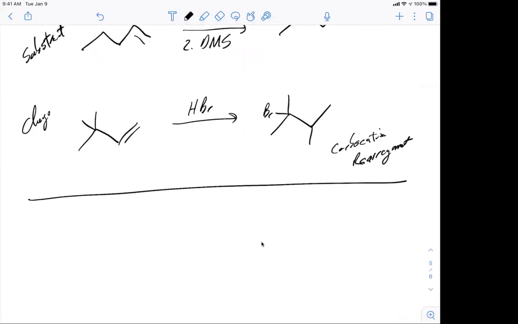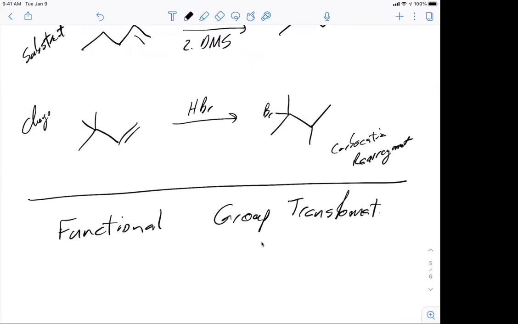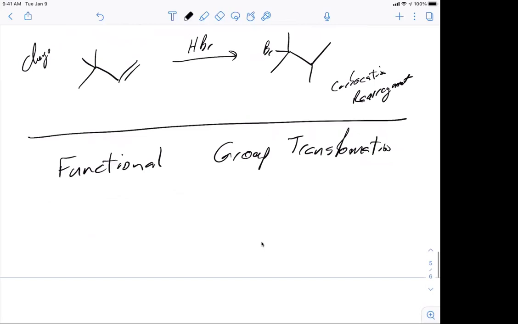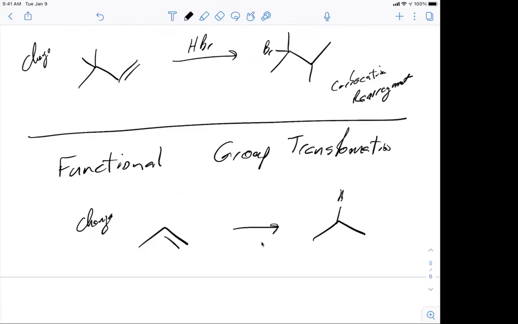The next is functional group transformations. We've seen these, right? And there's kind of two classes here. So if we take an alkene, right, we can turn that into a bromide. That's one, right? We can just add HBr here.